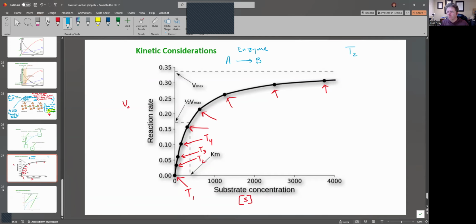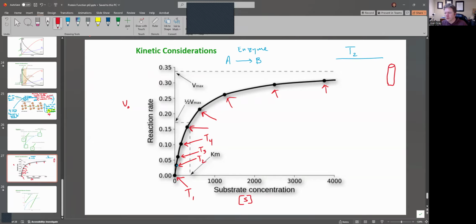For trial number 2, that would be this data point right here. What somebody's going to do is they are going to get a test tube.